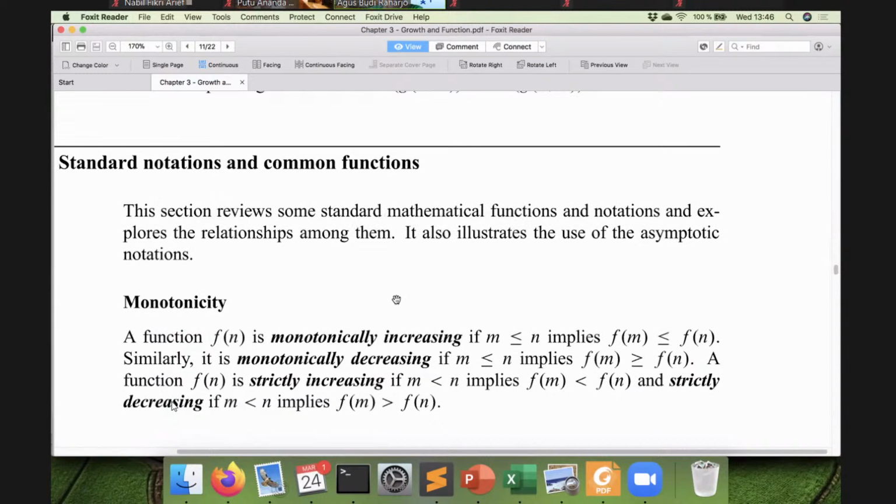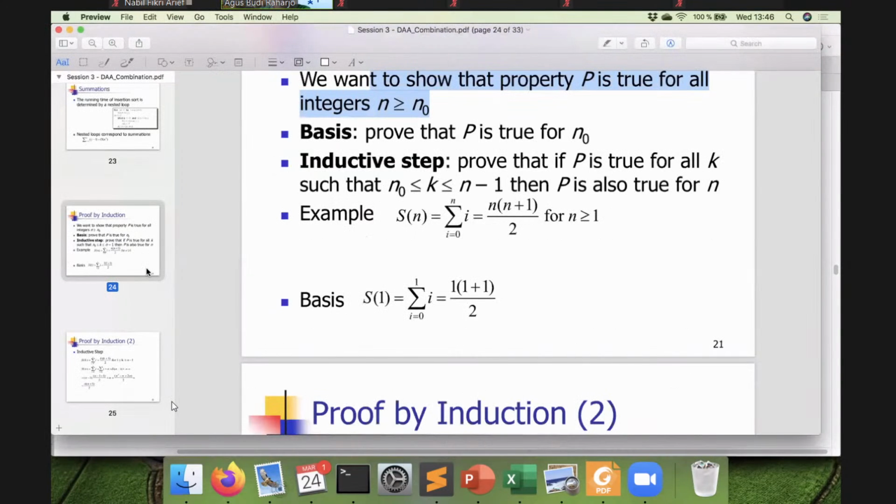So we'll start with standard notation and common function for the second chapter.